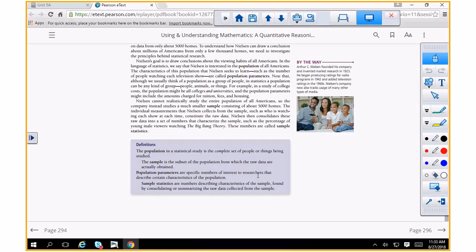Greek letters are population parameters. Write that down. Greek letters are population parameters. If you got a book, you need to highlight population parameters right there in the purple. Variables that usually are Greek letters that signify the population.